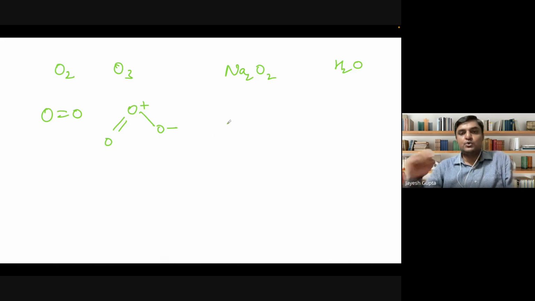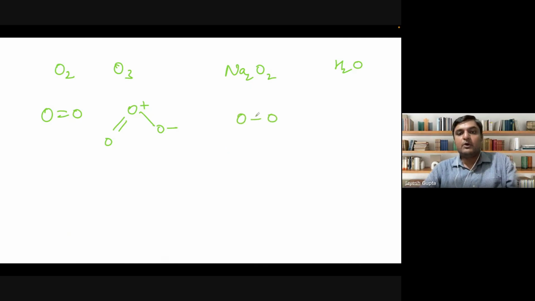Then Na2O2. See, Na2O2 will be like two oxygen atoms bonded with sodium and sodium. So you can break the bond between oxygen and sodium, so Na plus will form and O minus will form. So basically you have here O2 2 minus, and the minus charge is a lone pair.